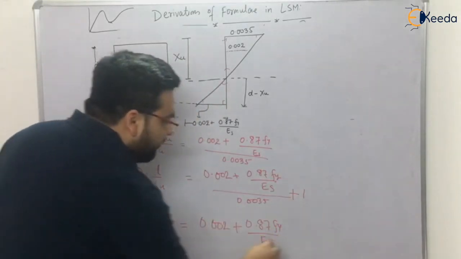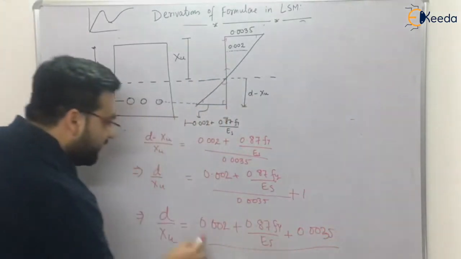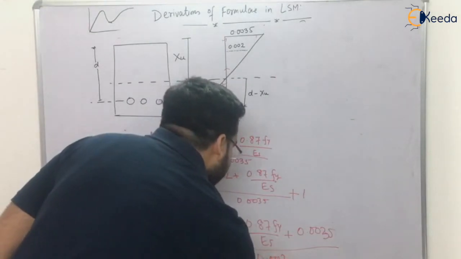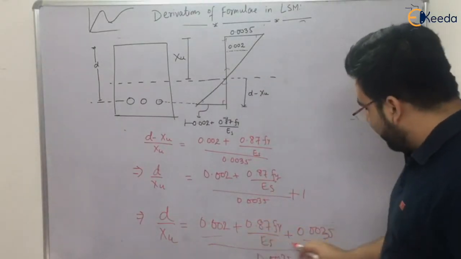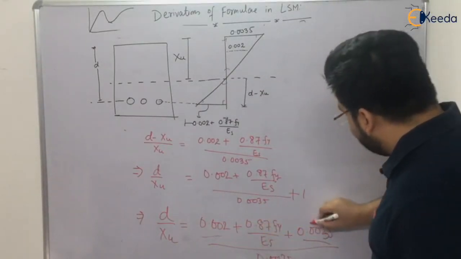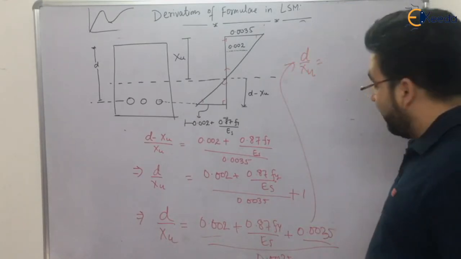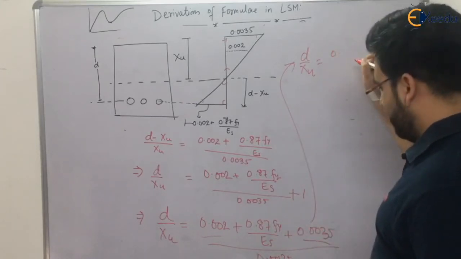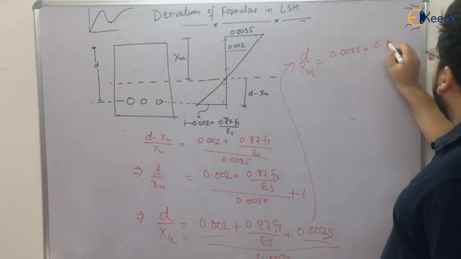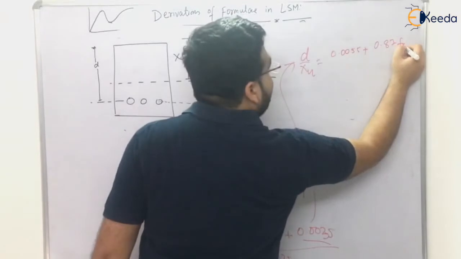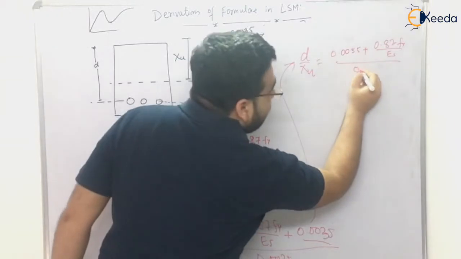If I take the numerator as 0.0035, it will be added here, 0.0035 divided by 0.0035. If I add these two values, it will be equal to 0.0055. So let me write it here. d divided by Xu will be equal to 0.0055 plus 0.87 Fy divided by Es, divided by 0.0035.